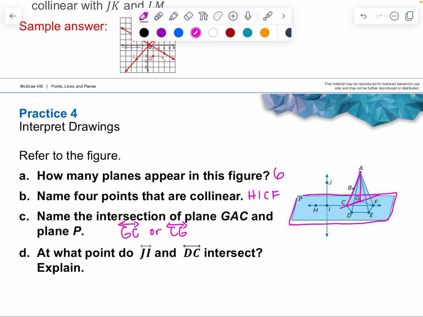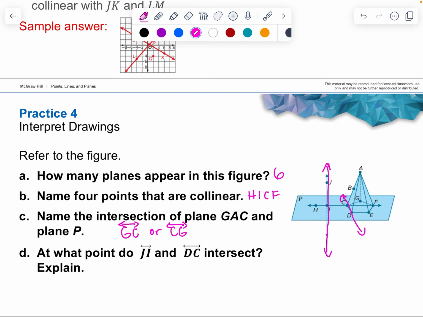And at what point do JI and DC intersect? Explain. JI and DC. Now let's go over here and erase all of my other stuff. JI and DC. They're never going to intersect, guys.